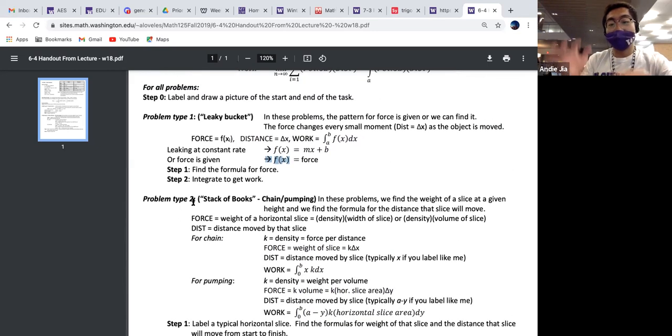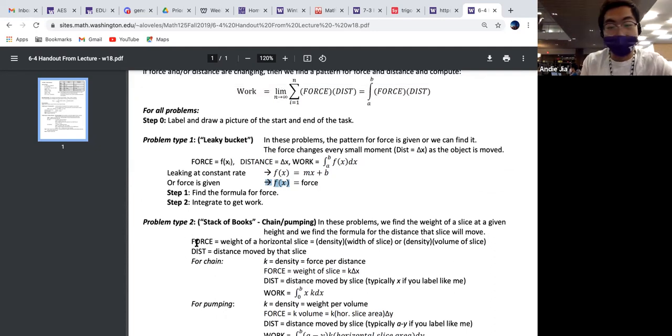If you see a problem about lifting a chain or pumping out water, then use this kind of approach. The force is a horizontal slice, the density times the volume of the slice, and the distance is how far you stretch it vertically or horizontally.